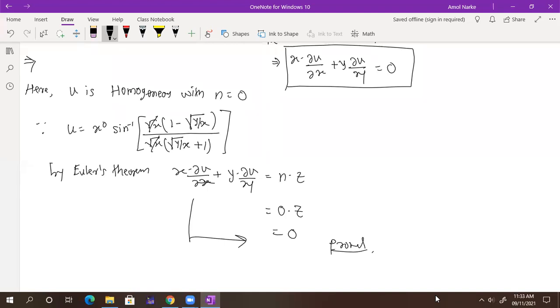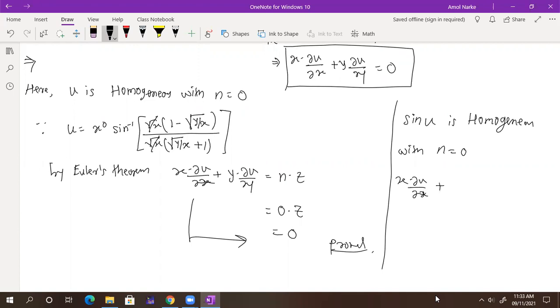Now if you take sin u, it is also homogeneous. What is the degree? Zero only. So x into del w by del x plus y into del w by del y is equal to n into f of u divided by f dash of u.